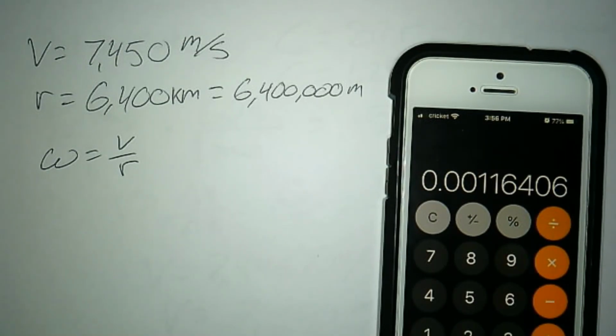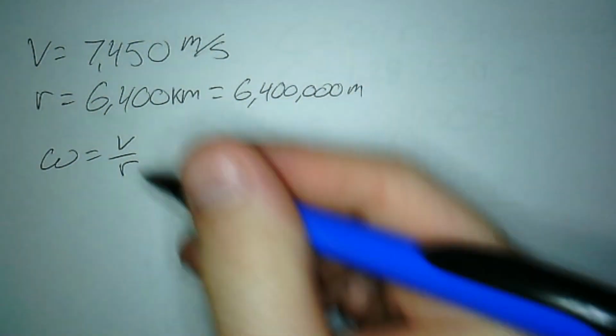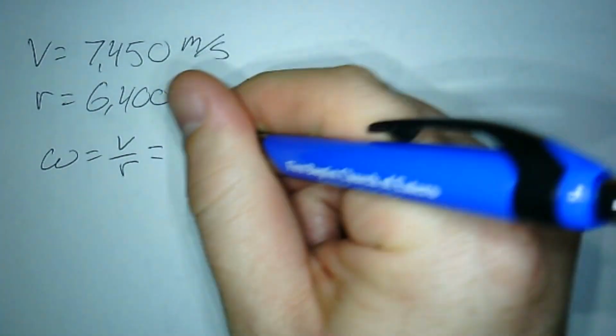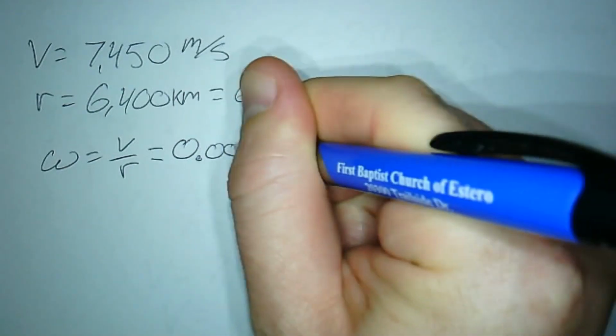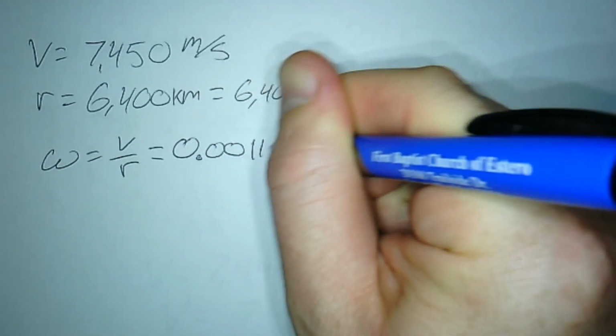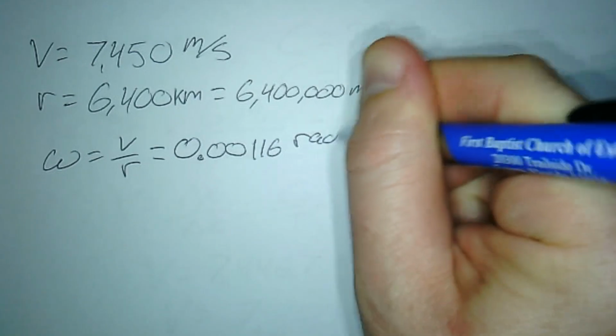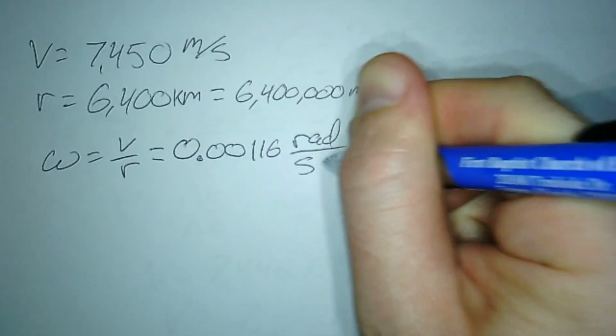Push enter. It's a really small number, because if you think about it in terms of angles, it's 1 revolution every 90 minutes. So per second, that's really slow in terms of radians per second. So put our number in here, and we are going to get 0.00116 radians per second, right?